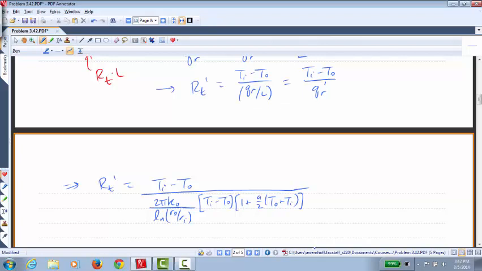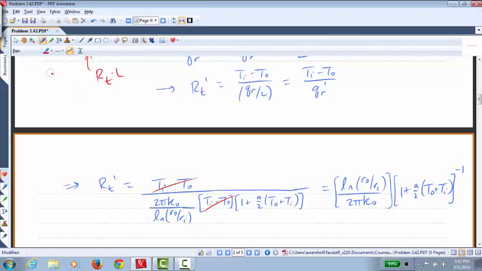So, of course, the T_i minus T_o's cancel out, and then we're home free. And what we get is natural log of R_o divided by R_i, over 2πK₀. So I'll put that in brackets, and I'll say 1 plus a over 2 times (T_o plus T_i), the whole thing to the minus 1.